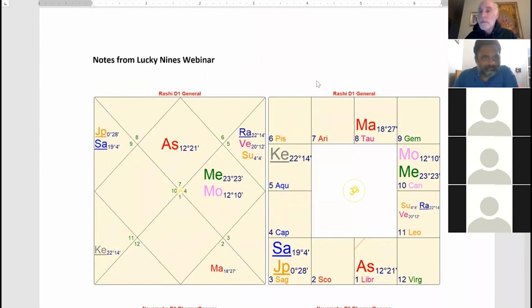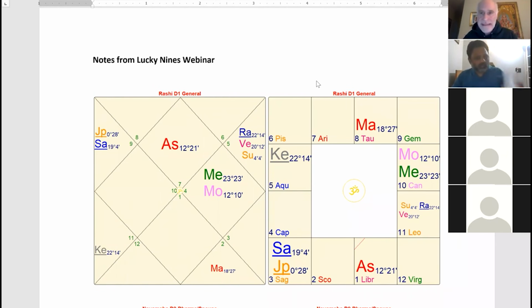And then, which house does Libra rule in the birth chart? The first house, yes. So under these conditions, according to the theory, this Venus is capable of giving very good, very auspicious results, and will give its results strongly.